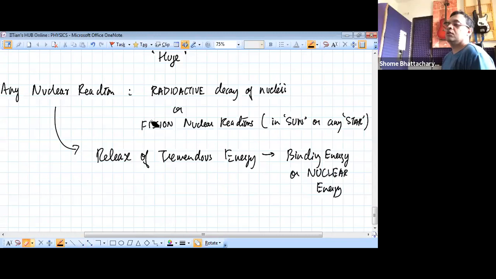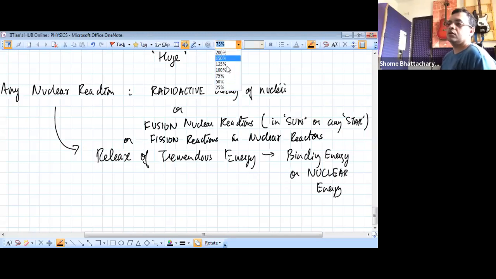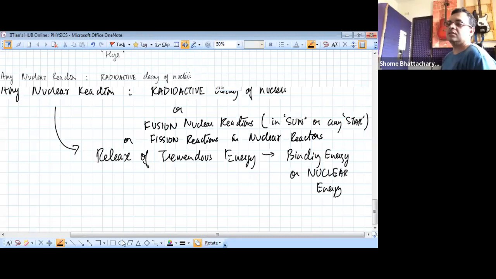Small correction, typical stars have fusion nuclear reactions, not fission nuclear reactions. Fission nuclear reactions happen in nuclear reactors. Another example of this is that the evidence that nuclear force is very strong is from the fact that nuclear energy is tremendous.